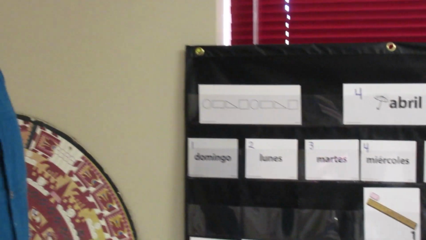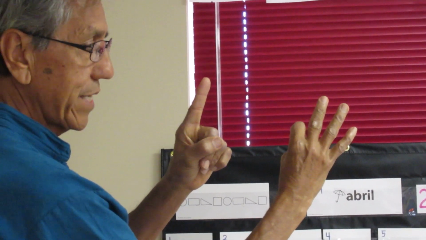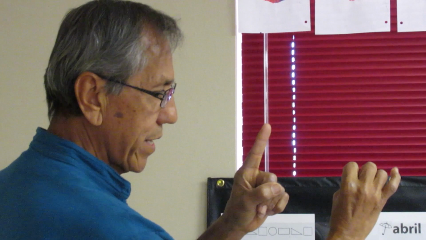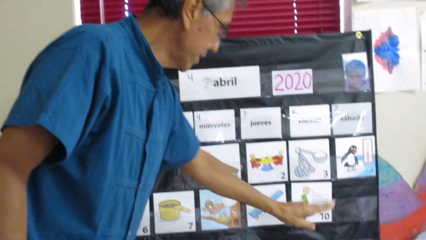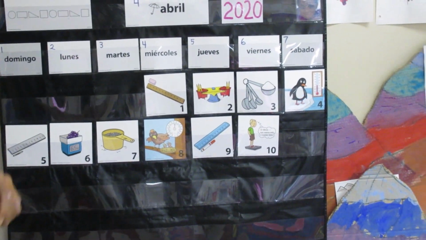How many total days? 10 plus 3 is 10, 11, 12, 13 days. 13 days. And right now, we take away 1 day, 12 days. Take away another day, 11 days. Take away another day, 10 days. And we're at the number 10 right here.